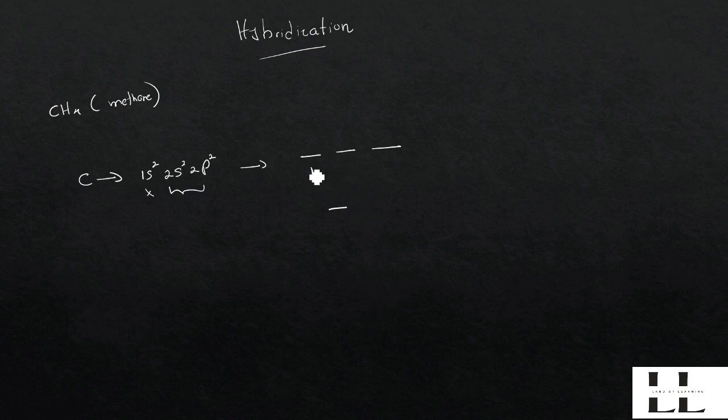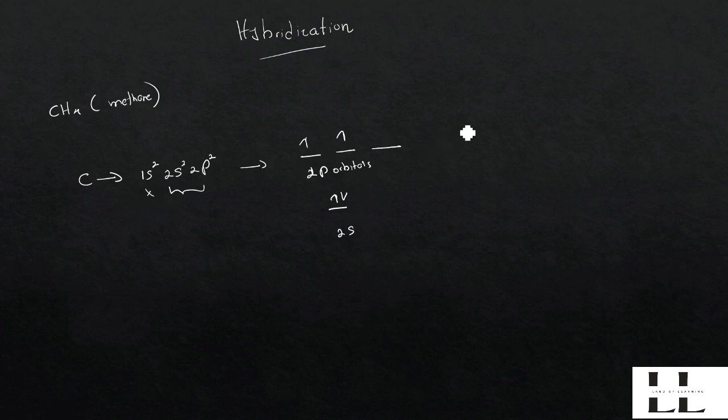One s orbital and 3 p orbitals. These are the p orbitals, and this is the 2s orbital. So there should be 2 electrons over here and then 1. This is the orbital diagram for carbon in normal matter.